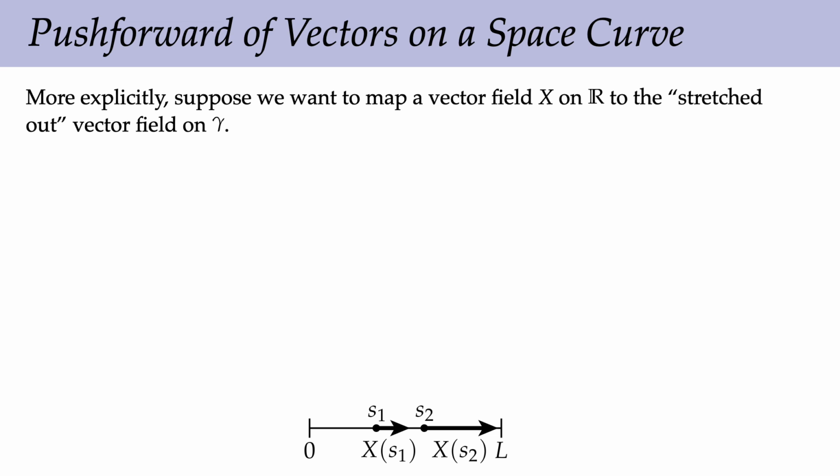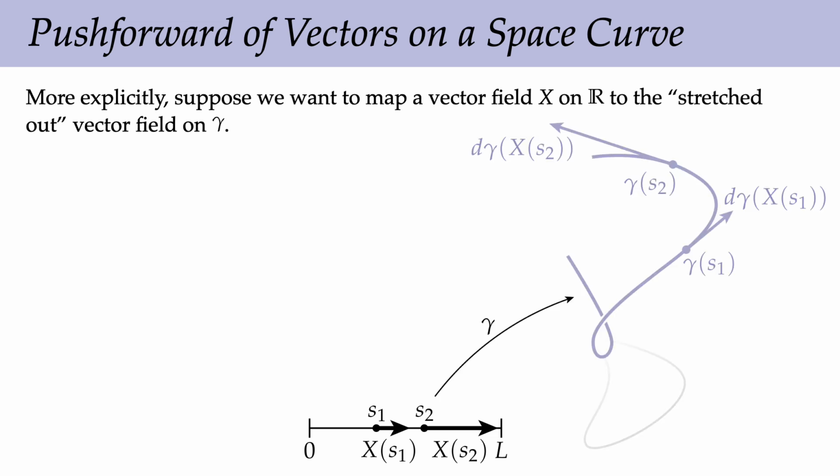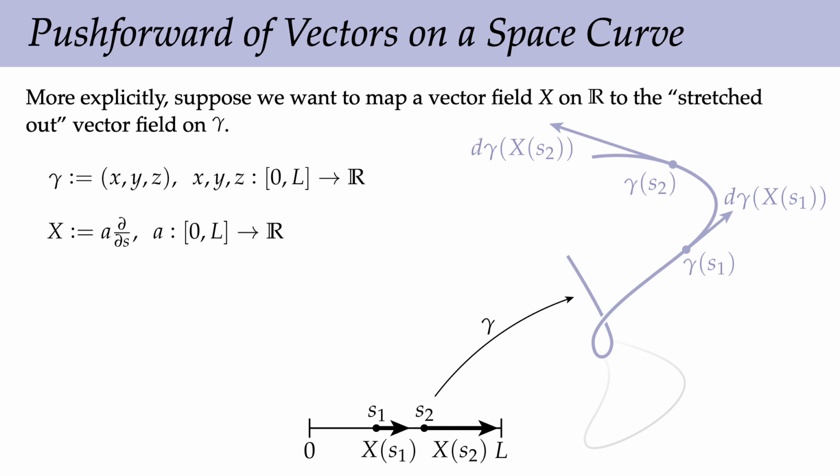How would we carry out that computation? Well, this is just a basic exercise in differentiating vector-valued quantities. So if we have our map gamma described as three scalar components, x, y, z, and our vector field X is just some scalar function a times the unit vector field partial s.